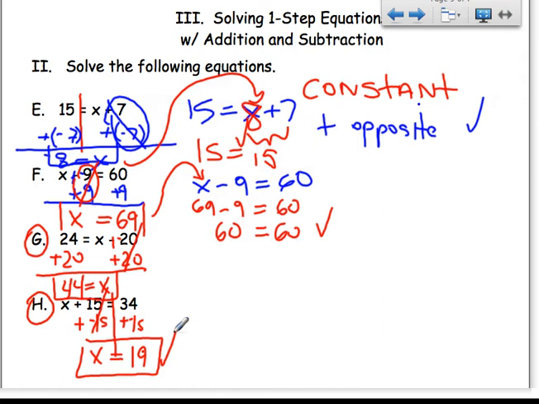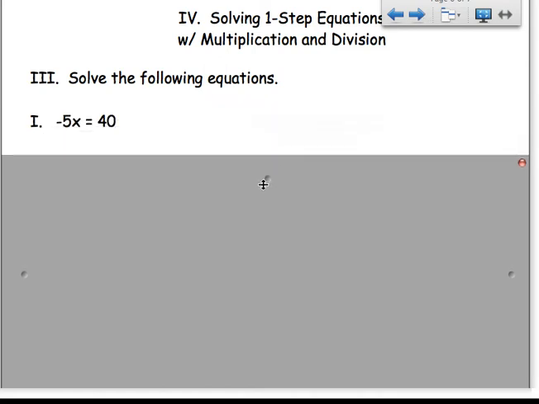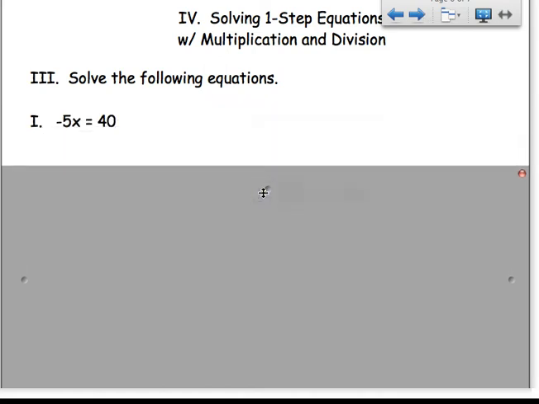Okay, one more slide, which is going to be for solving one-step equations with now multiplication or division. We talked last time about solving equations with a constant that we need to cancel. In this case, there's actually a coefficient we need to cancel.